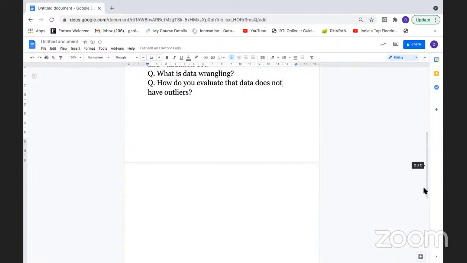We also call it an abnormal observation, right? That lies far away from your other values. It is an observation that diverges from the well structured data. Now, how do you do the detection of that?